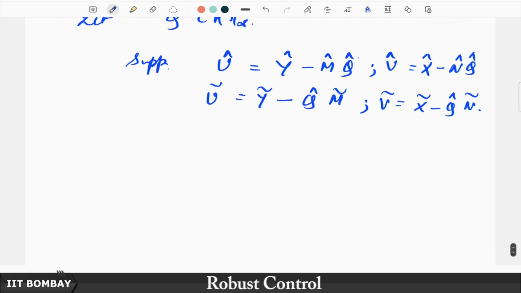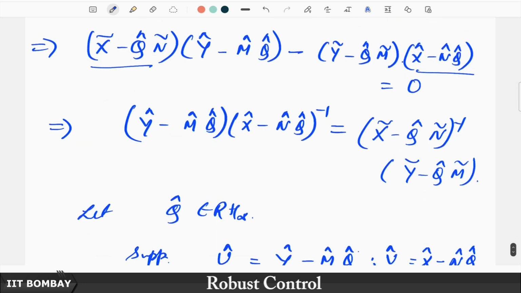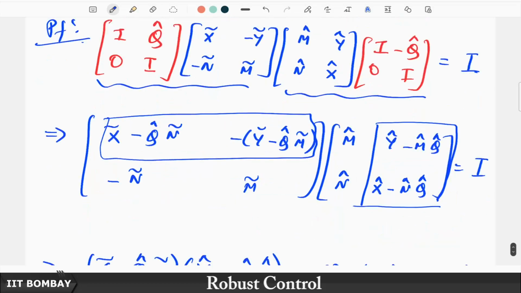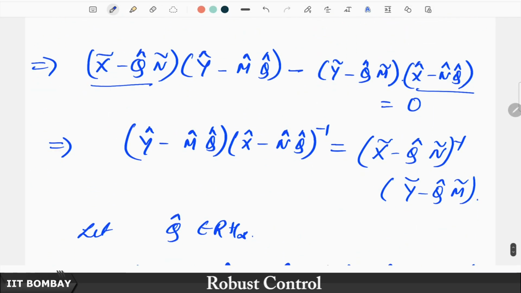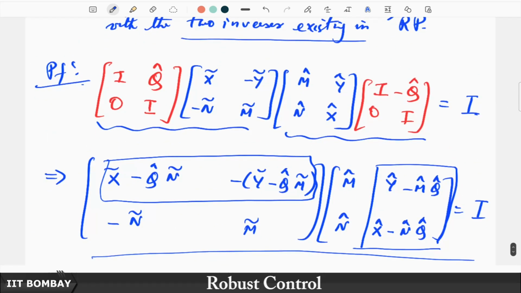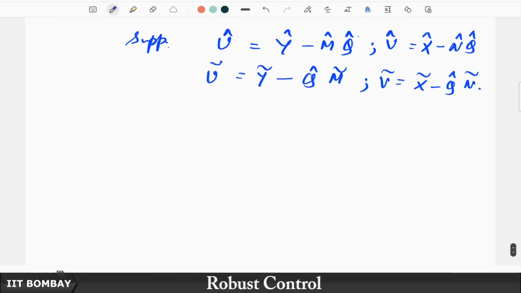Then what happens? From this relation that we put in, if we just substitute in terms of the new variables that we have defined, n tilde, m tilde remain as they are, it is only the new variables that come in.